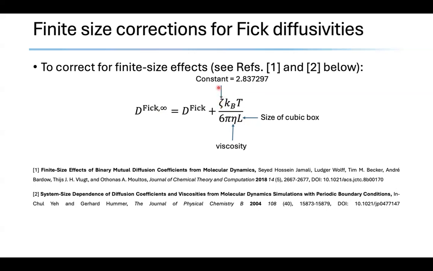There's also an additional constant, 2.837297, which comes from the derivation with regards to the hydrodynamic interactions. Please read references 1 and 2 for a detailed explanation and discussion regarding finite size effects for Fick diffusion coefficients.